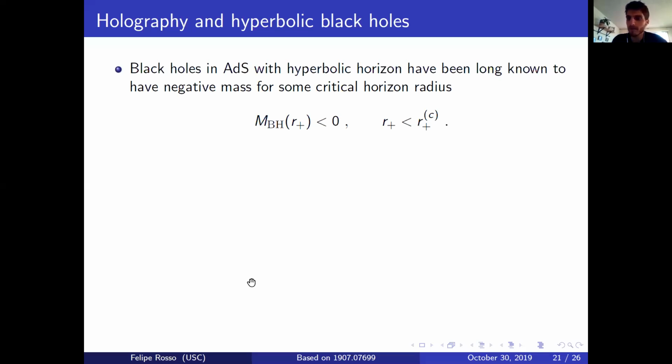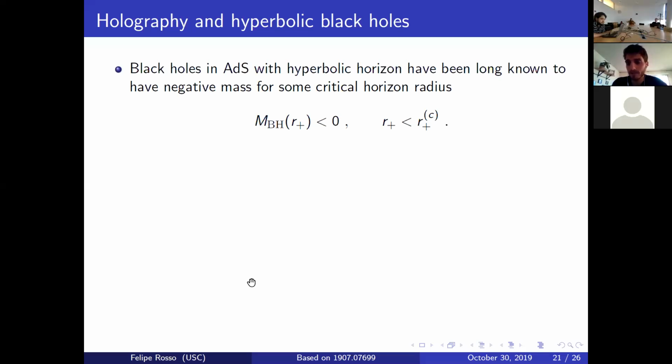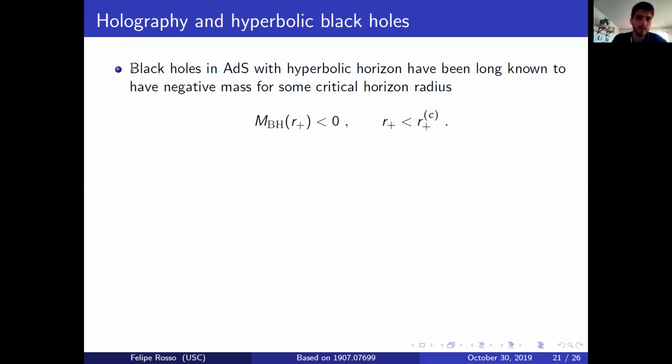So this might seem completely unrelated, and it is unrelated. When you have black holes in AdS that have a hyperbolic horizon, okay, it has long been known that the mass of that black hole is negative for some region of the parameters.